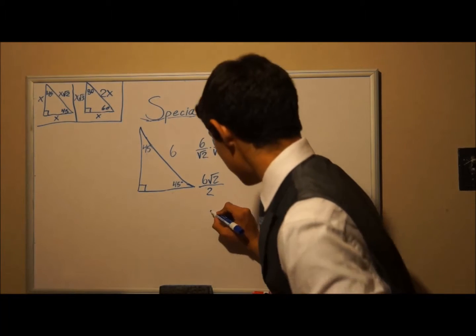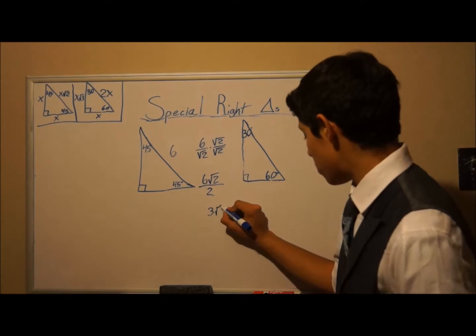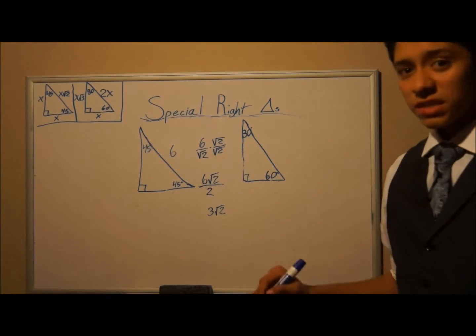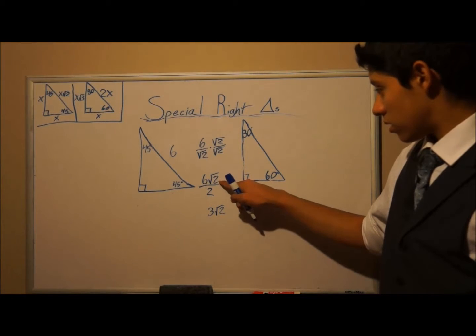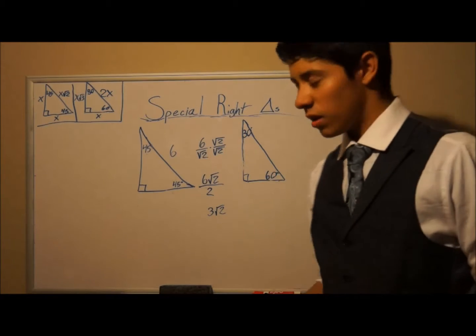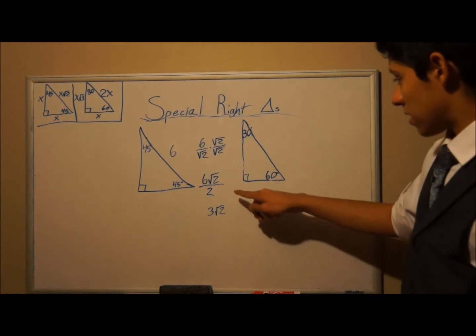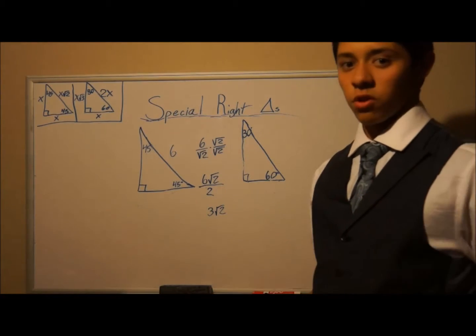So, in order to get rid of the denominator, we can simplify to 3 square root 2. And the reason is not 3 square root 1. That would be if we divided the square root 2 by 2. The reason we don't do that is because having a square root is pretty much like having an exponent.